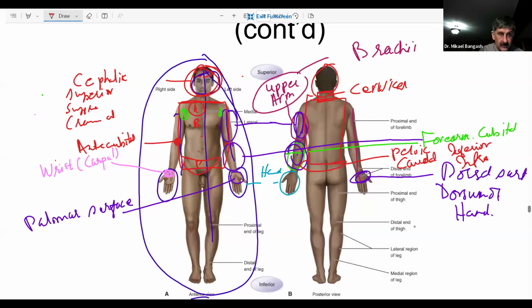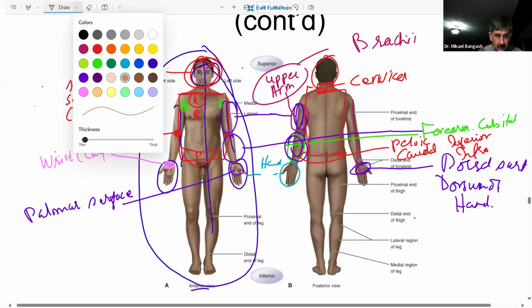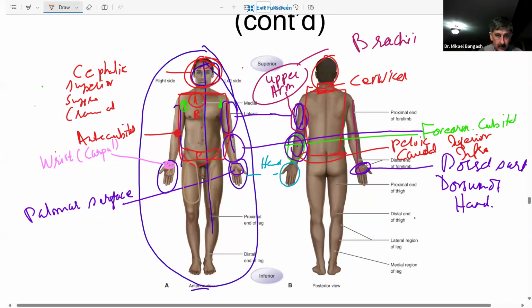Cutaneous is going to be skin, just a fancy word for skin. Femoral: thigh. It's mainly referred to as femoral because your thigh bone is called the femur.